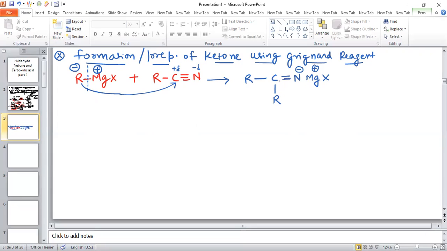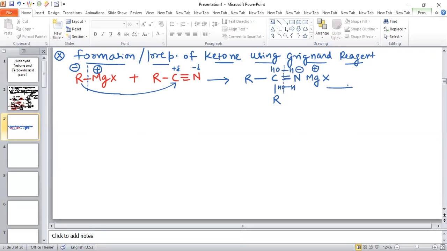Now it will be followed by hydrolysis. So on hydrolysis, what happens? This is basically the OH group, and this is H. Now again, this is the OH group, and there is H.